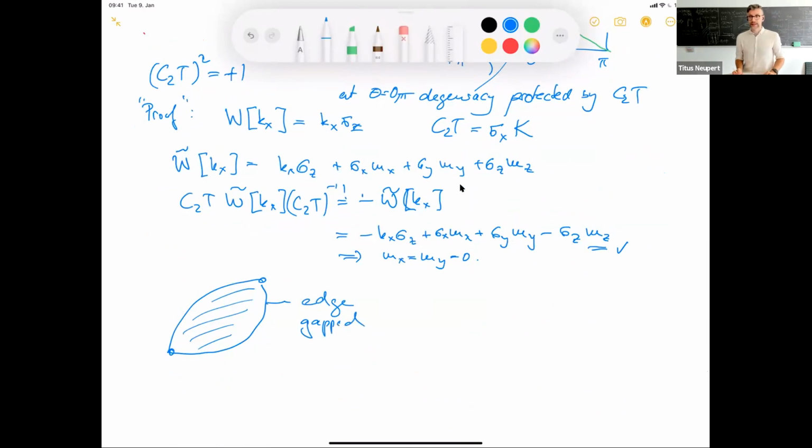However, in this non-trivial phase, you will find a pair of corner modes, which you can derive by a similar argument as before.